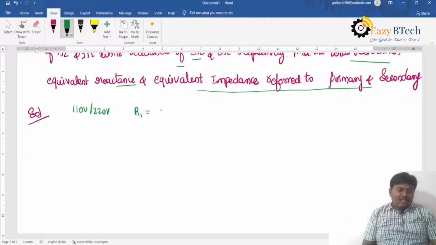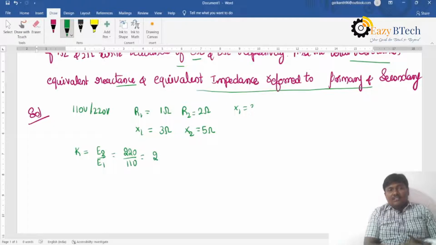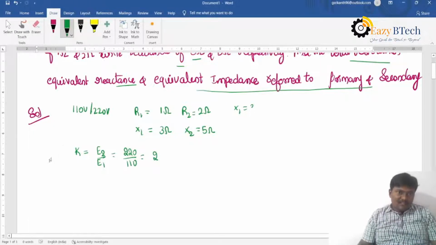R1 is 1 ohm, R2 is 2 ohms, X1 is 3 ohms and X2 is 5 ohms. K is the transformation ratio, E2 divided by E1, that is 220 divided by 110, equal to 2. Once again, listen, this problem you have to analyze.